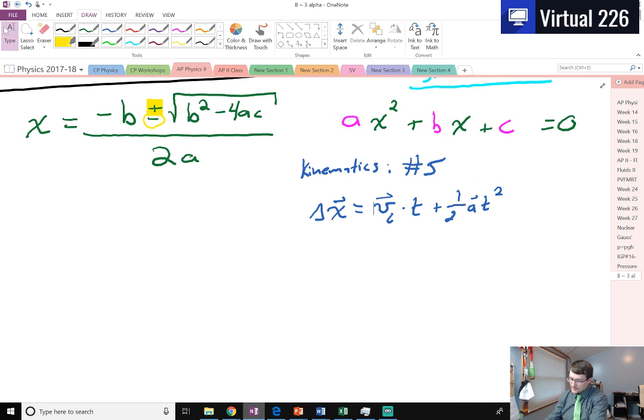So basically, this right here is set up to be solved with quadratic. We've got a squared term, we've got a term to the first power, and we've got some constant c.